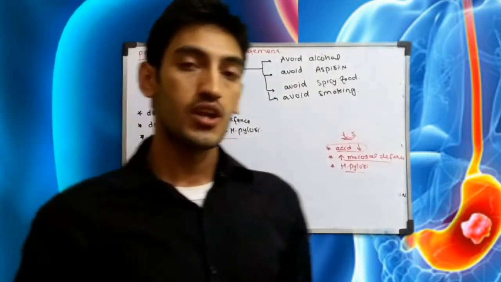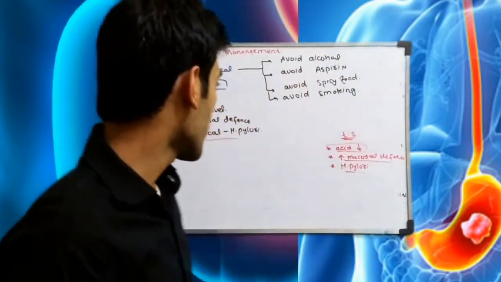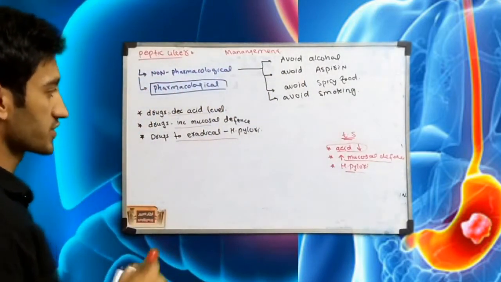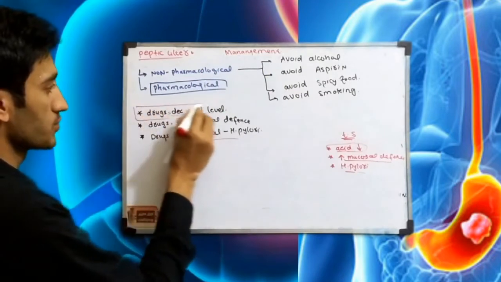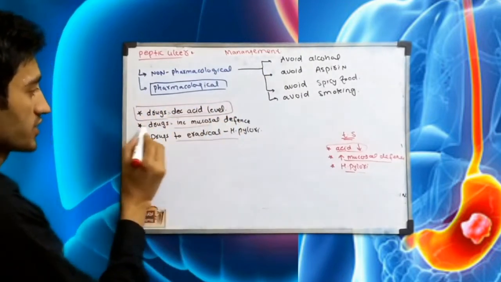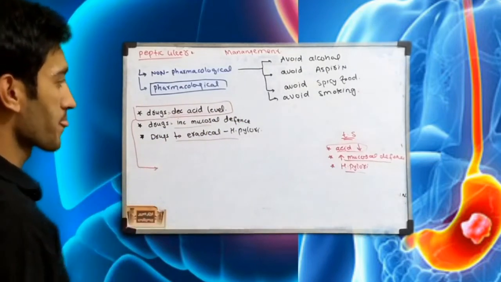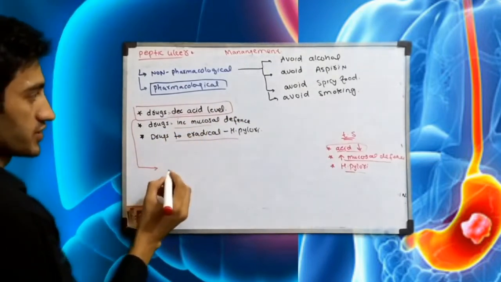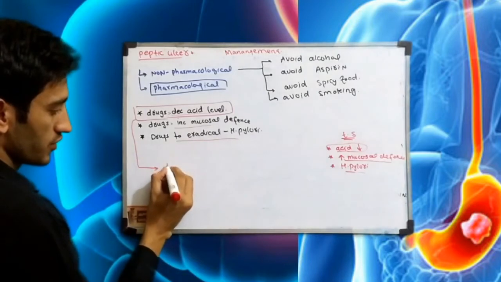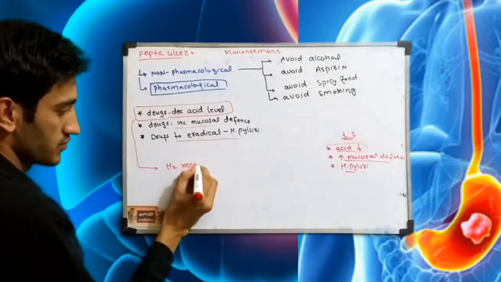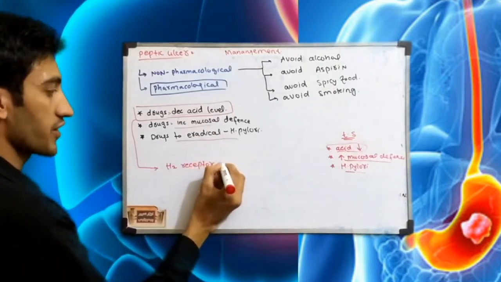Now we will talk about what are the drugs which decrease the acid level, what are the drugs which increase the mucosal defense, and what are the drugs which remove the bacteria. So here this includes H2 receptor blockers or antagonists.